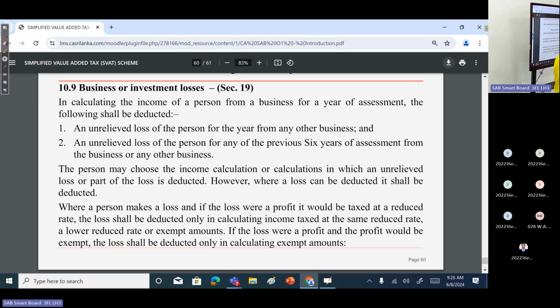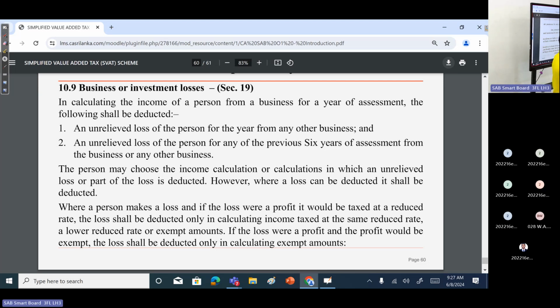Where a person makes a loss and if the loss were a profit, I have a business. That business is taxed at a reduced rate. In that particular business, I have a loss. It says, if the loss were a profit, it would be taxed at a reduced rate. Right now I have a loss.